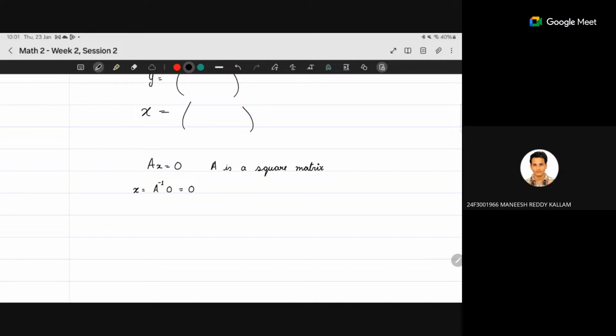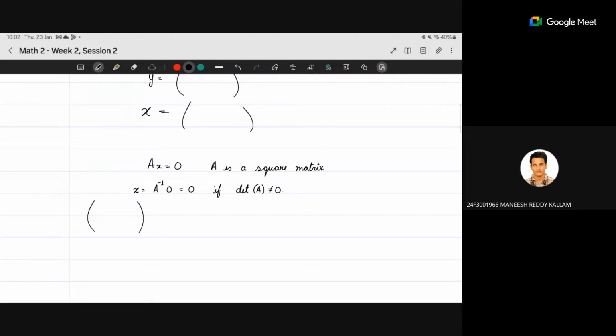But if determinant of A is equal to 0, then you will have an independent variable. That comes because of, let's say, a 3 cross 3 matrix. Are you convinced that the RREF of that will be an upper triangular matrix?